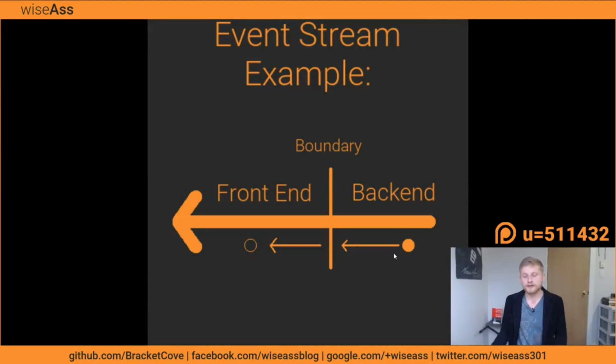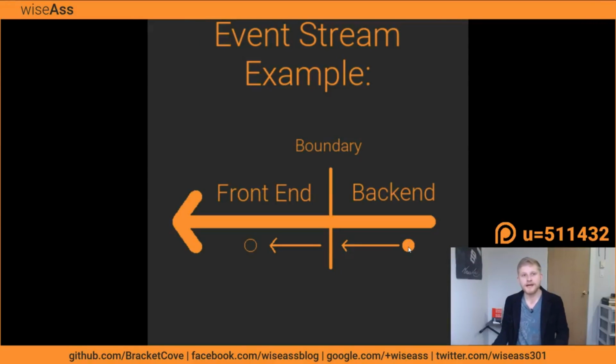Essentially, the most common example with RxJava is creating an event stream out of something which occurs in the back end. We could say database, network, or system service over here. Some value, some piece of data down here gets created, or an event occurs where this object gets created.